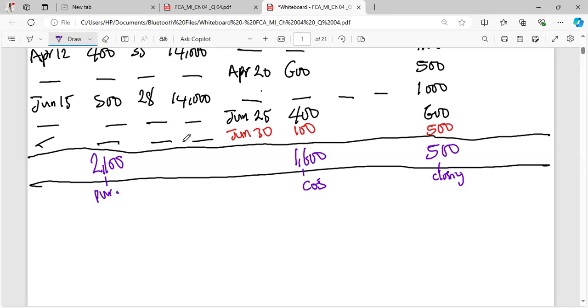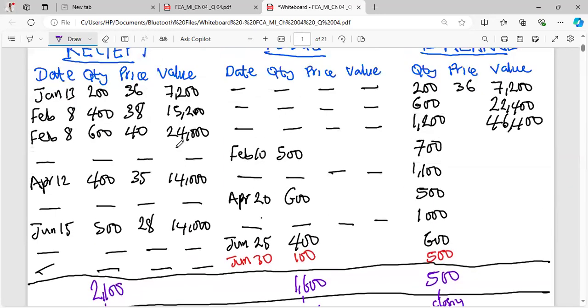Okay, so let's do that of value before we take the workings. These are preliminary calculations we should do.